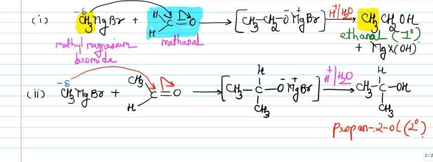Let us find out what happens with ketones. So we take the same Grignard reagent, methyl magnesium bromide, and we allow it to react with a ketone.